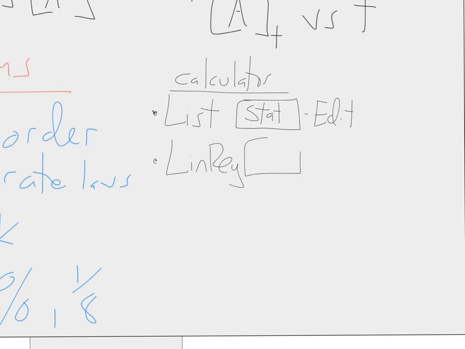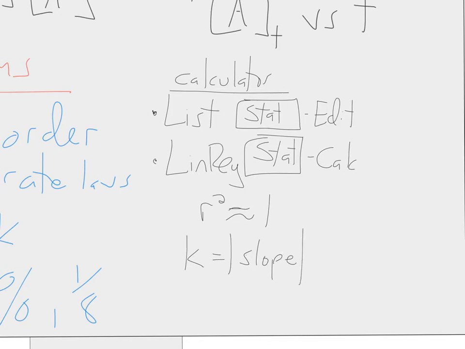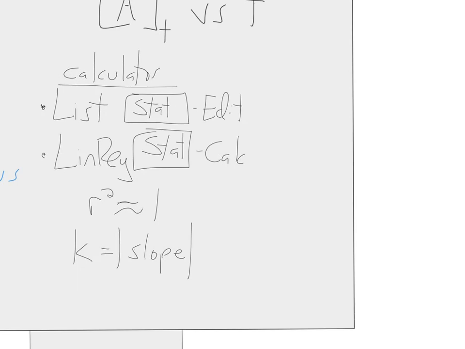That's in the, if you hit Stat and then you go over to the Calc tab, you can do a linear regression. And if your diagnostics of your calculator need to be on, which they shouldn't have been unless you reset your calculator, they should always be on, the r-squared value, we want it to be as close to 1 as possible. And then your slope, depending on your calculator, if that's A or B, k is going to be whatever your slope is. It should just be a positive number, absolute value.